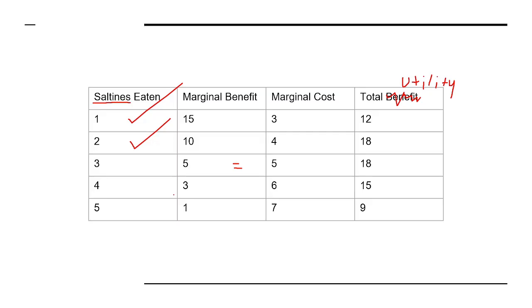Remember, we continue to consume the resource or the product as long as the marginal benefit is greater than or equal to the marginal cost. So for that third saltine cracker, the marginal benefit is equal to the marginal cost. Check mark. We go down to the fourth one, and now the marginal benefit is 3 and the marginal cost is 6. Marginal cost is greater than marginal benefit. We don't eat that fourth saltine. And then the fifth, of course, we don't eat that one either.